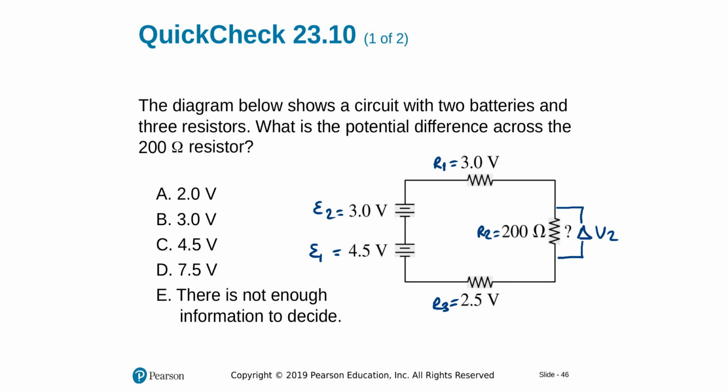For the whole system, I have a total delta V total. Adding these, they are connected in the correct way, minus plus. Remember, we add them. So delta V total will be epsilon 1 plus epsilon 2, 7.5 volts.